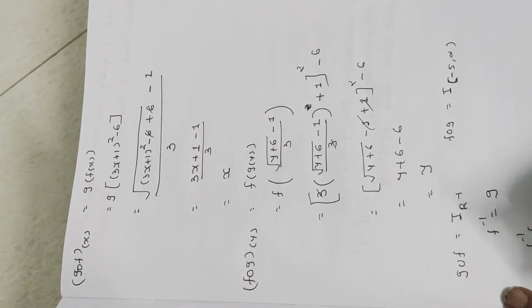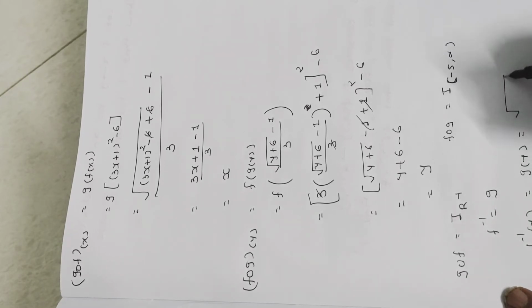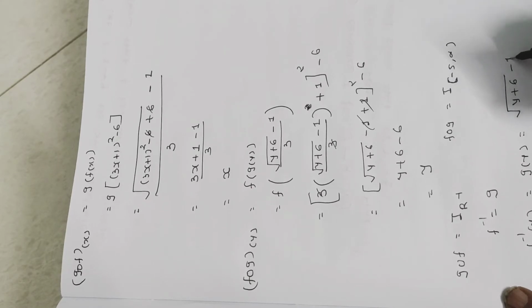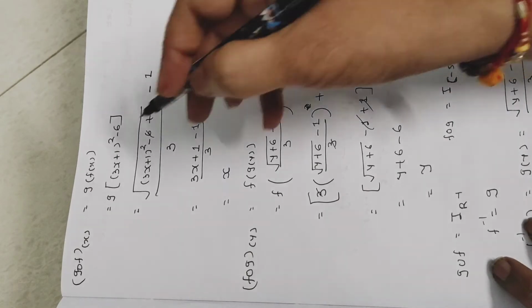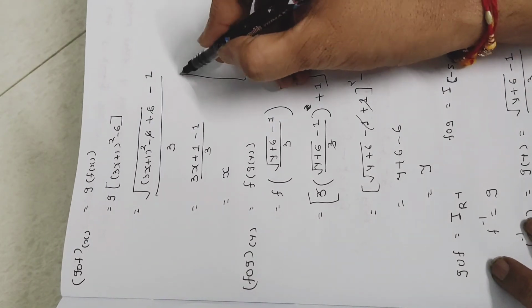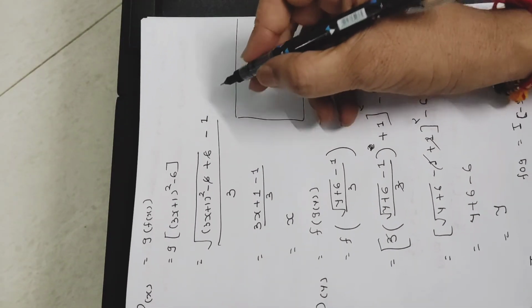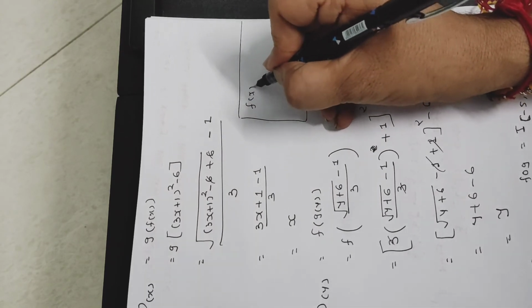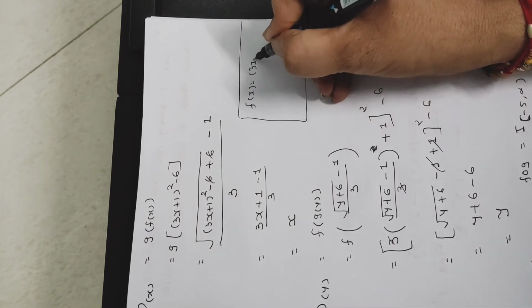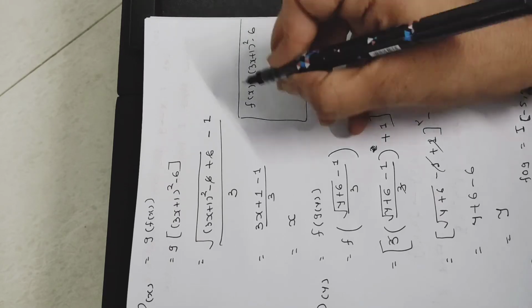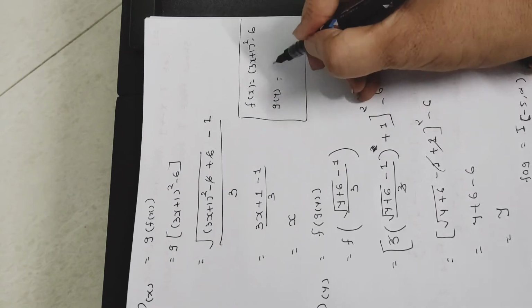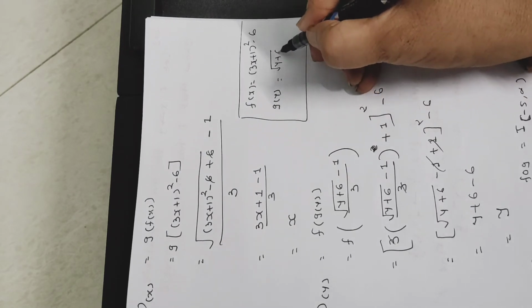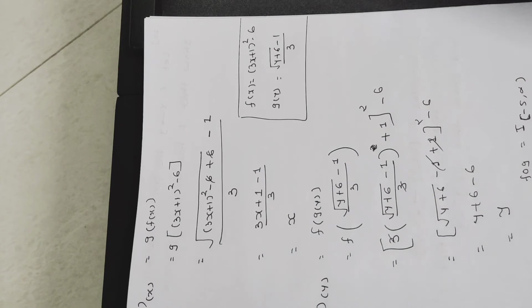So f inverse y is equal to g of y is equal to under root y plus 6 minus 1 by 3. Here we have to understand that where to put what value. So fx is equal to 3x plus 1 whole square minus 6, and gy is equal to under root y plus 6 minus 1 by 3.